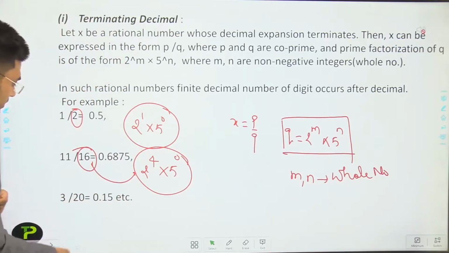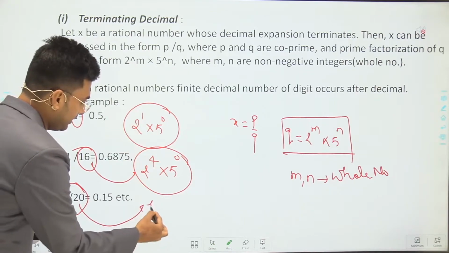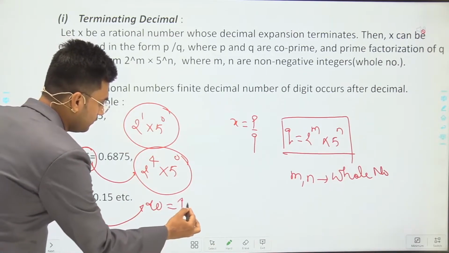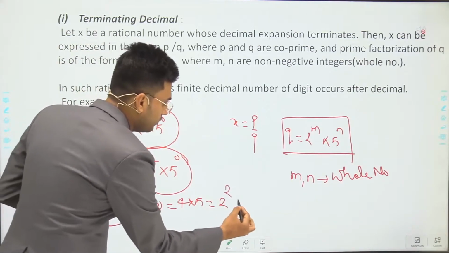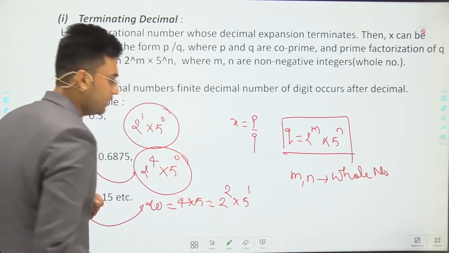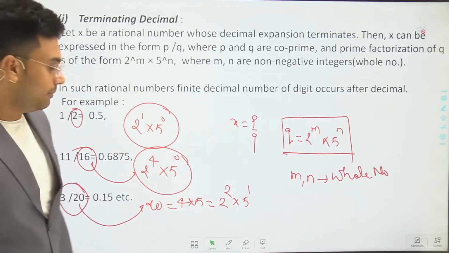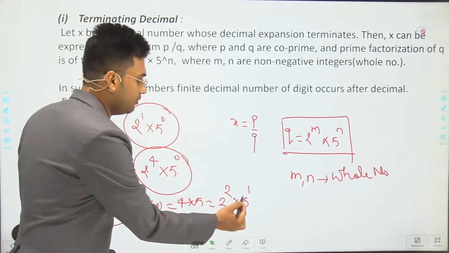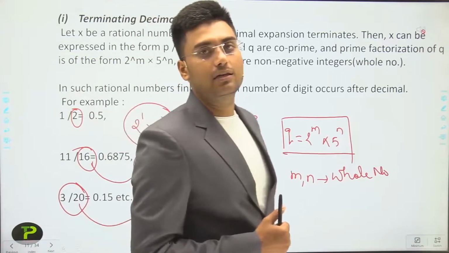Now let's check this example. Here the denominator is 20, and 20 is equal to 4 into 5, or we can write 2 power 2 into 5 power 1. So this is also a terminating decimal because it is 2 power m into 5 power n. Here m is equal to 2 and n is equal to 1.